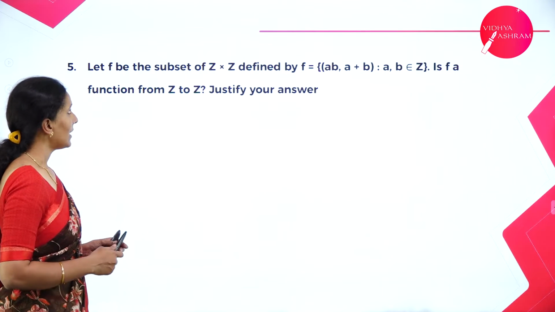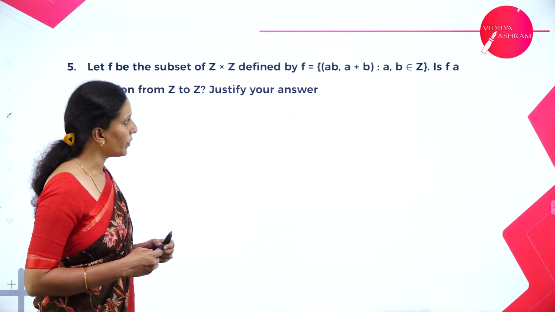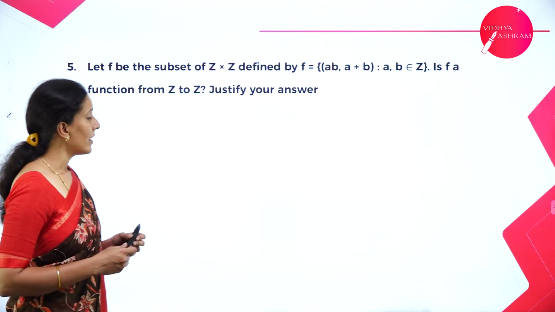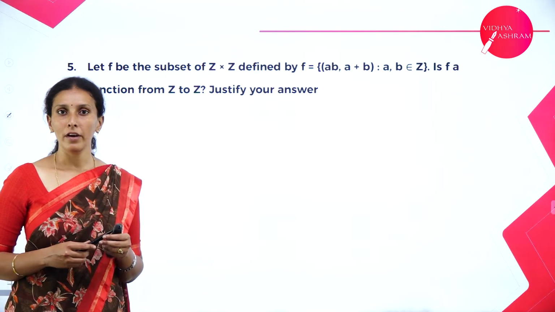Next, let F be the subset of Z cross Z defined by F is equal to {(ab, a+b) : a, b belongs to Z}. Is F a function from Z to Z? Justify your answer.